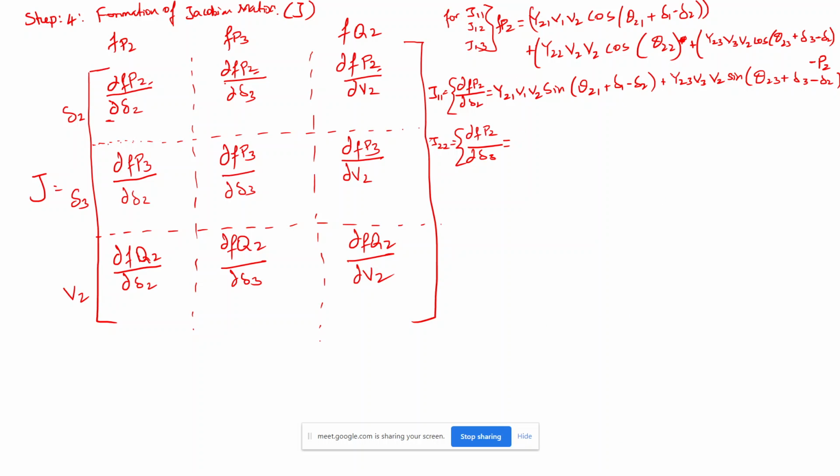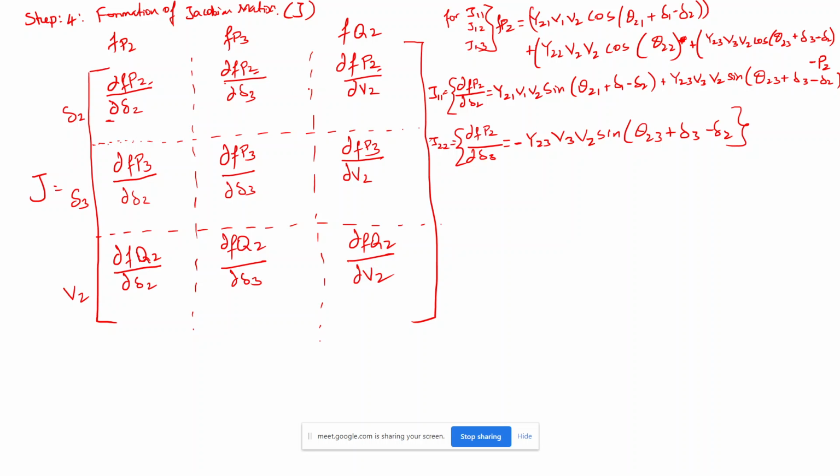So I will get this component as minus Y23 V3 V2 sin theta 23 plus del 3 minus del 2. All others will be 0.